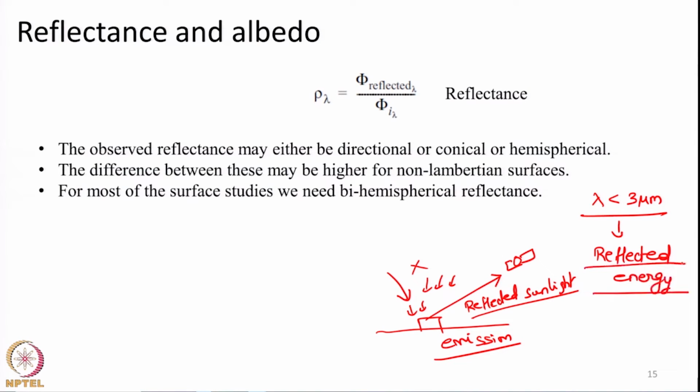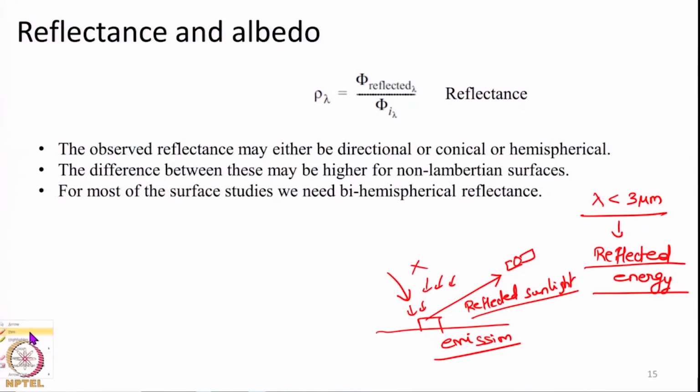This we will see in detail in the coming lectures, but the measurements we make in less than 3 micrometer wavelength are essentially the reflected energy from the earth surface. So, based on this reflected energy and outgoing energy, we can define certain energy quantities. What are they? One is reflectance, another one is albedo.